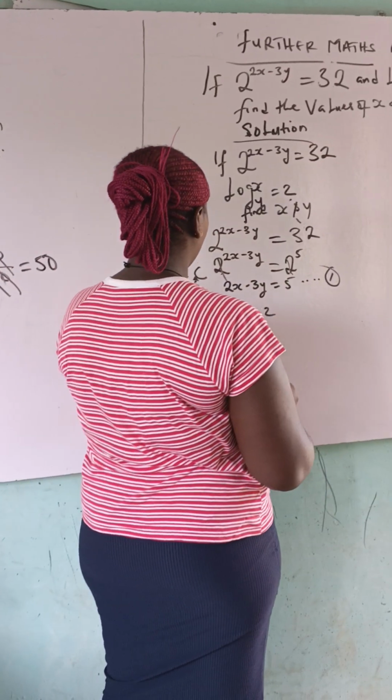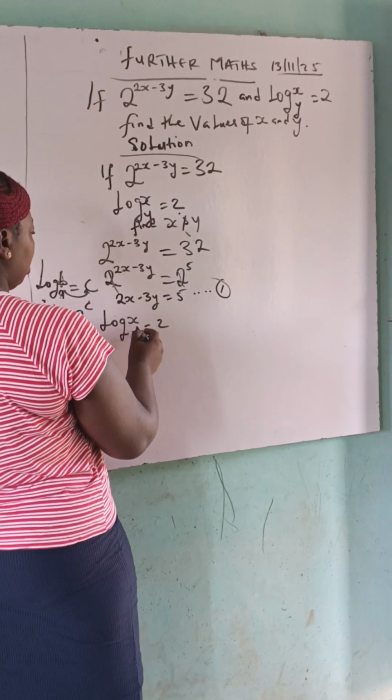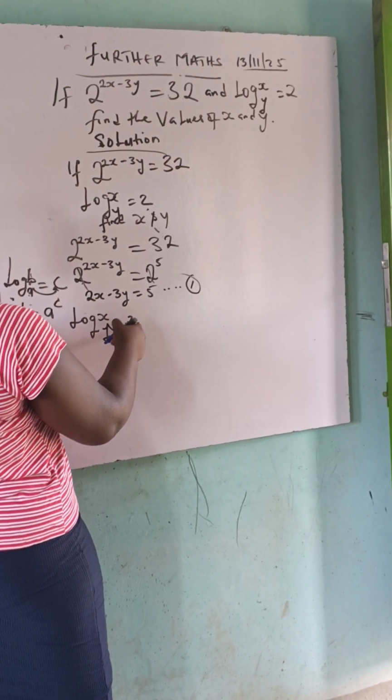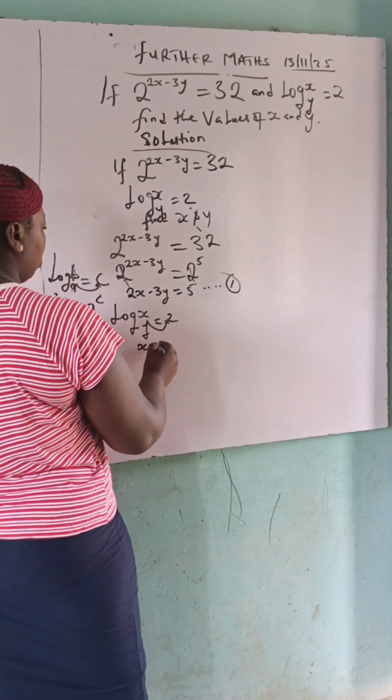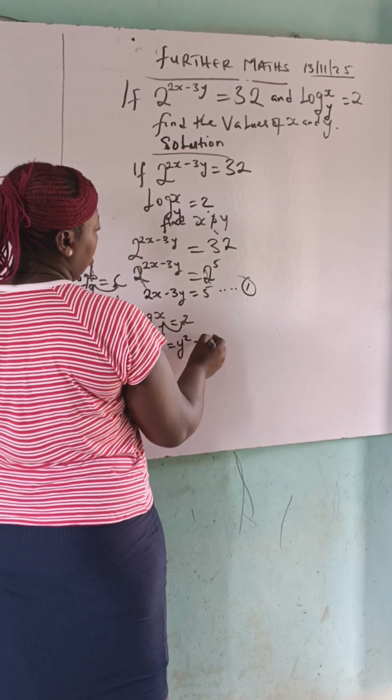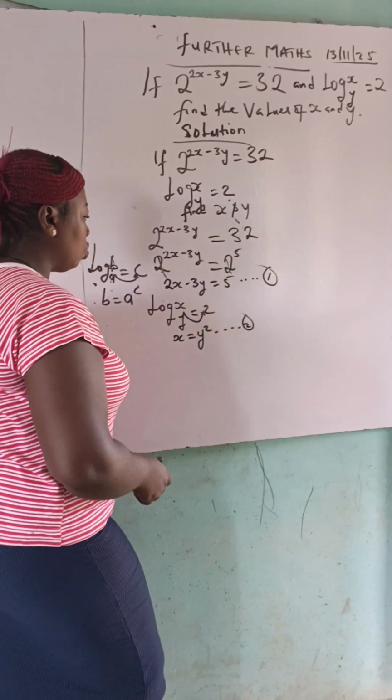So we are going to apply that rule here. It means that this y is going to be raised to the power of 2. So it will be x is equal to y to the power of 2. We call this one equation 2.